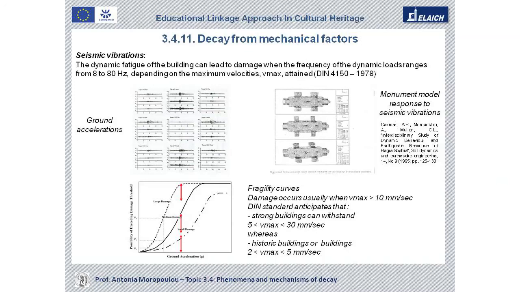We can estimate in the fragility curves that the ground accelerations, which develop a monument model response, relate to material properties. The modulus of elasticity of the materials defines the level and possibility of damage. We could have large, medium, or small damage related to a certain ground acceleration for different moduli of elasticity.